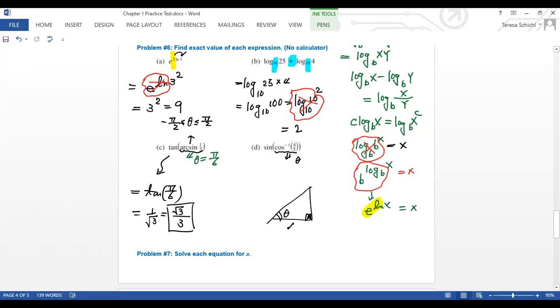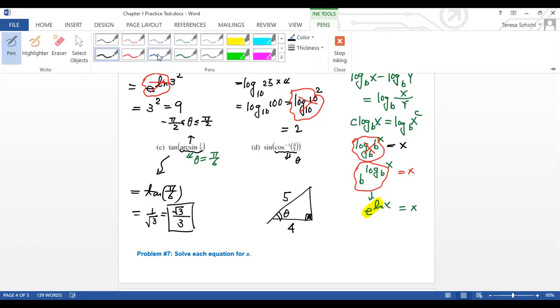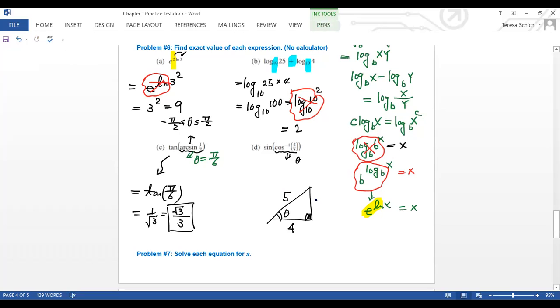I know adjacent is here, hypotenuse is here. Then based on the Pythagorean theorem, what is this side here? This side is 3, right? So now this one is changed to sine theta. And so now I know what the sine theta is. Sine is opposite over what? Hypotenuse, right?